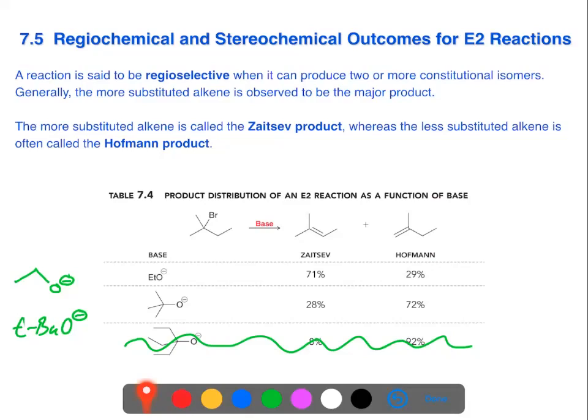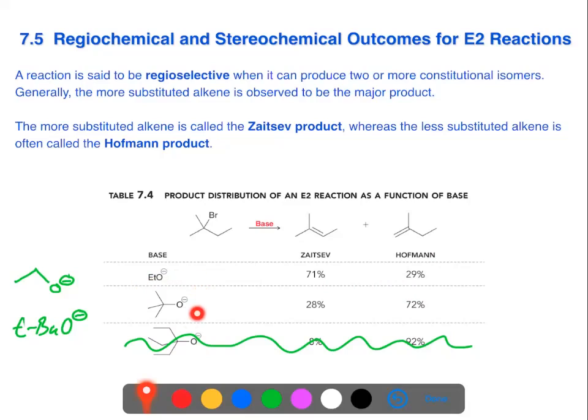Now this ratio virtually flips when we use the tertiary butoxide. The reason for that has to do with steric hindrance, and the size of these particular bases gives rise to this difference in product distribution.